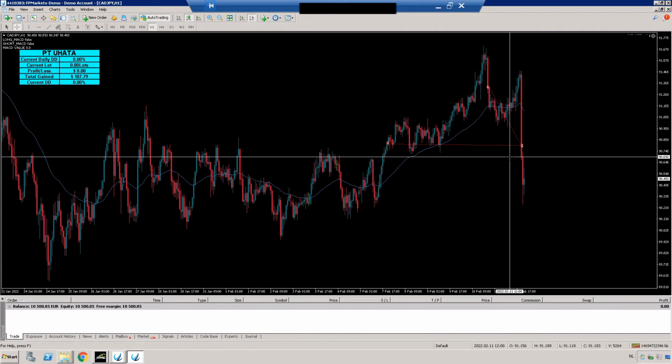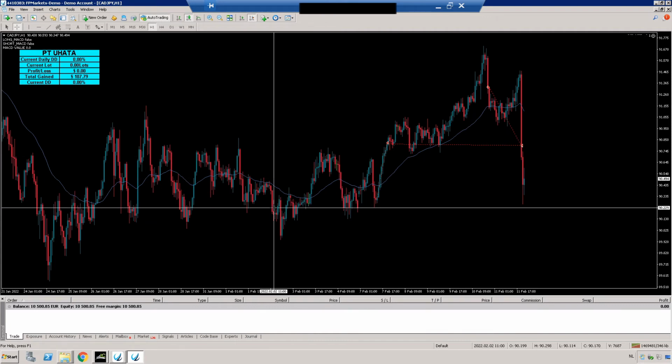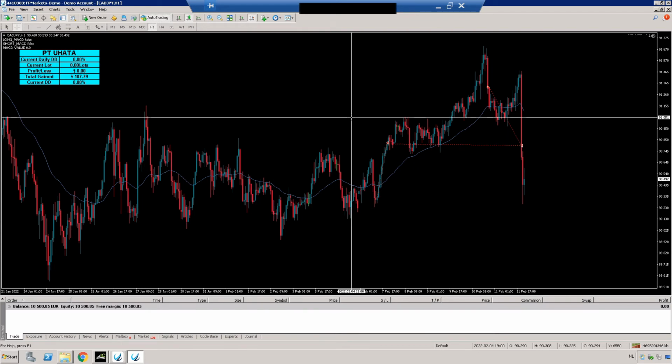Of course you can't just let the robot keep placing trades. You have to know about market conditions and basics, supply and demand zones, and trend lines, etc. That's why I'm combining the robot with my knowledge.